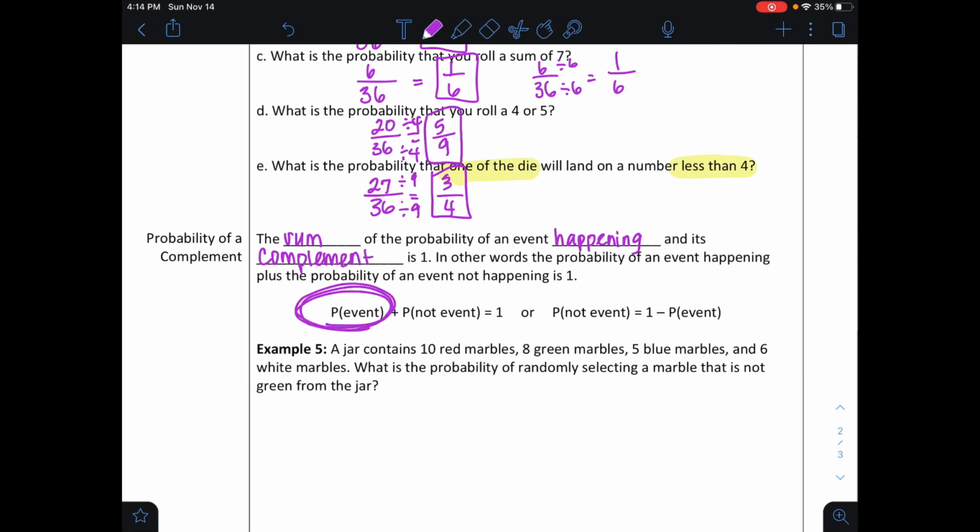Okay, so basically, the probability of the thing happening plus the probability that it won't happen is going to equal 100%. Okay, and I'll put or 100%. All right, so likewise, the probability of the thing not happening equals 1 minus the probability of it happening. Or again, this could be 100% if you're using percent.